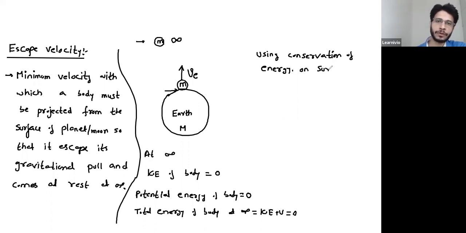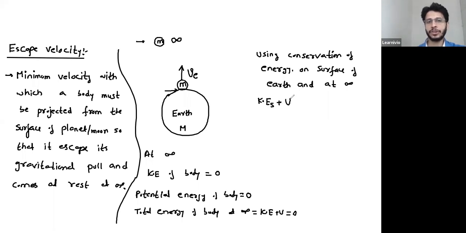Conservation of energy means kinetic energy at surface of Earth plus potential energy at surface of Earth is equal to kinetic energy at infinity plus potential energy at infinity. Since there is no force like friction, energy should remain conserved.